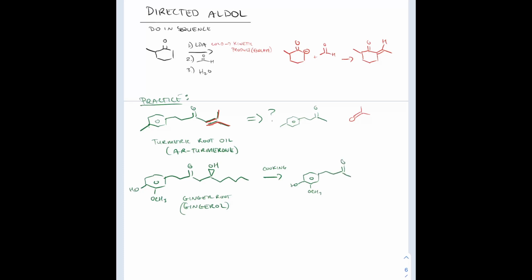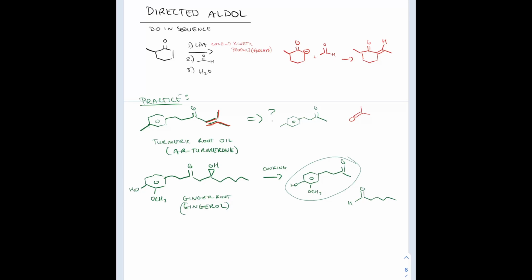And that's actually what occurs when you cook ginger. The ginger breaks down into this particular ketone as well as, I presume, this aldehyde. And this is what makes it so strong, that particular compound circled in green.